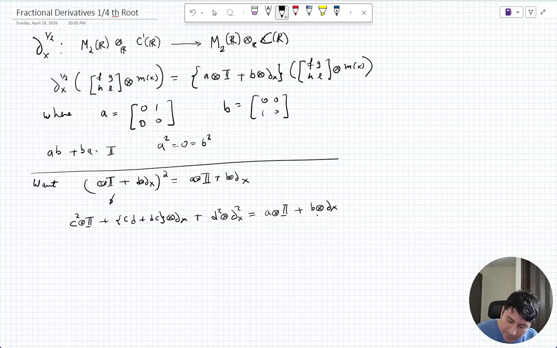So what we want is the following: C squared equals A, D squared equals 0, and CD plus DC equals B, basically.